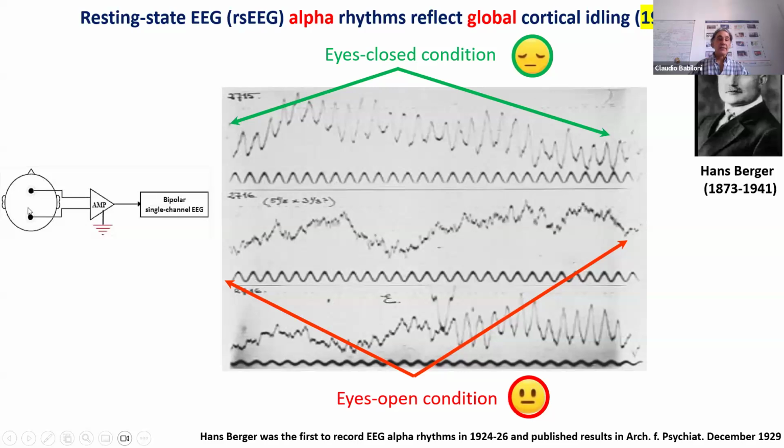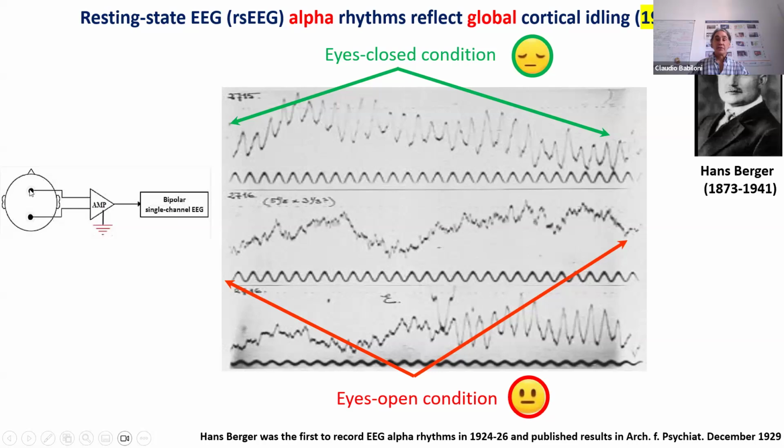We have 2 electrodes in a very simple single bipolar channel for EEG recording, a positive and a negative electrode placed in the frontal and in parietal scalp regions.